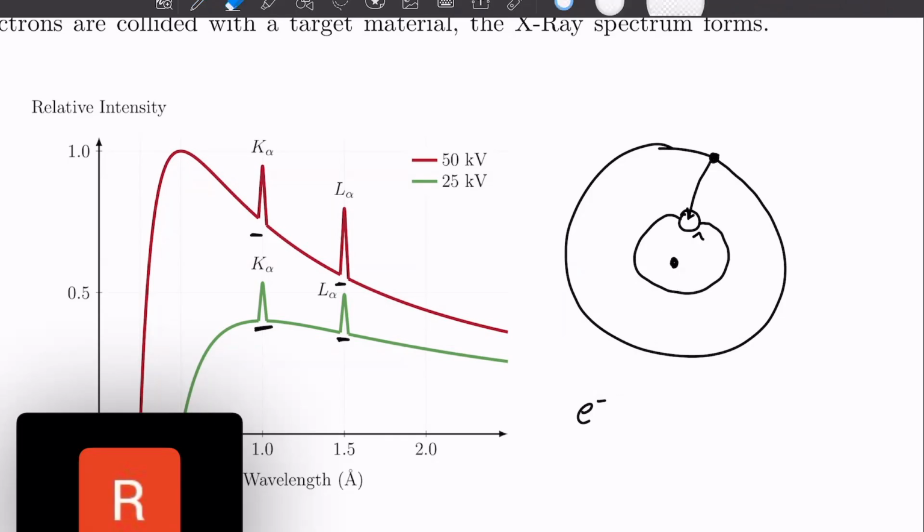I hope you can see the difference between this and an absorption and emission spectrum. In absorption, the electron moves up to a higher energy level, and in the emission one, a high energy level electron comes down. But in this case, this electron just completely leaves the entire thing. Then after that, another electron moves down.